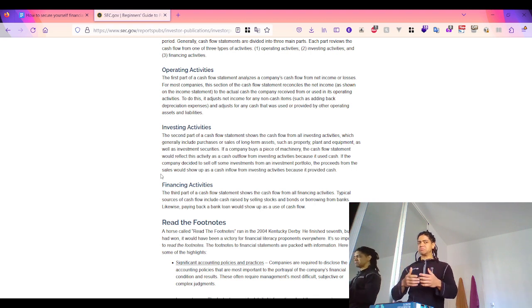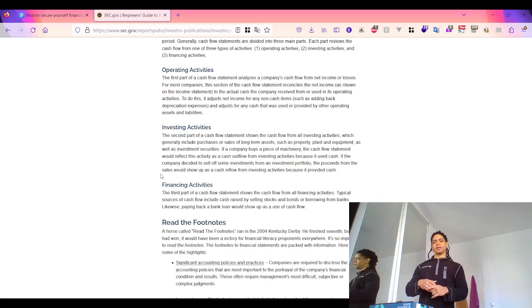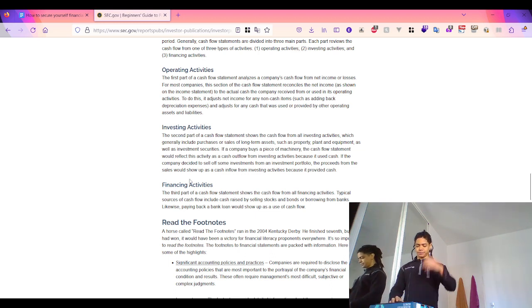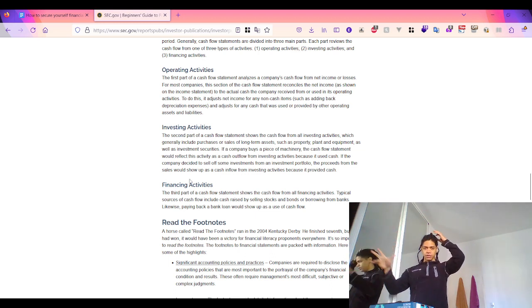So if the company's cash flow comes most of the time from operations, that's a good sign of an investment. However, if a company constantly relies on taking out debt or issuing stocks, that might not be a good sign of investment. Again, there are a lot of factors involved, but most of the time that might not be a good sign.